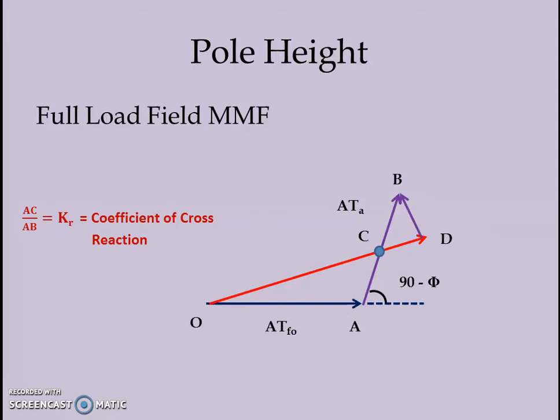Now the length of OD can be considered as the full load field magnetomotive force, that is ATFL. Calculating the full load field magnetomotive force is very important, and based on it, the further design work on the height of the field winding can be carried out.